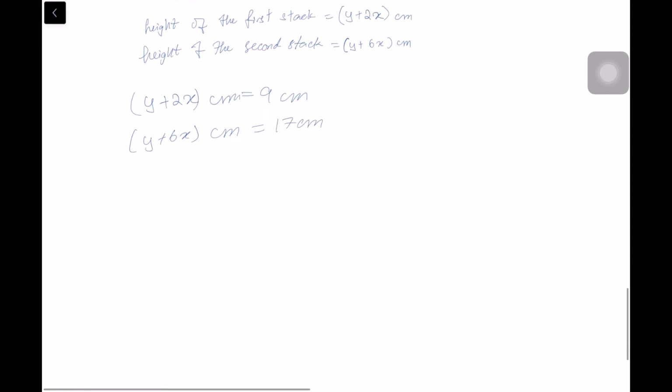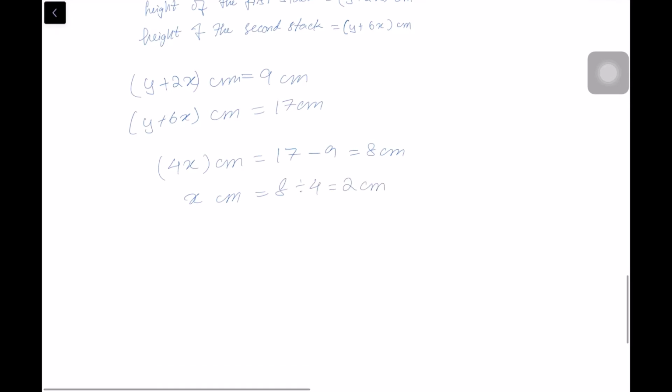So if we subtract both of these equations, we get 4x centimeters is equal to 17 minus 9, which gives us 8 centimeters. So this leaves us with x centimeters as 8 divided by 4, which gives us 2 centimeters. So now we know that x is equal to 2.